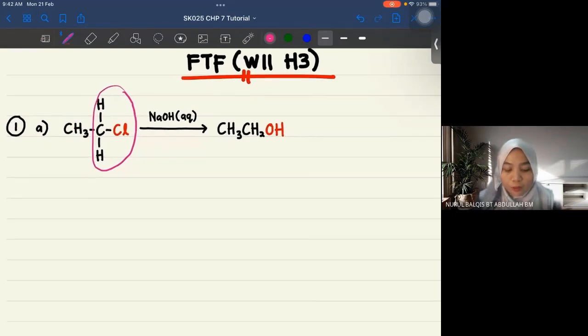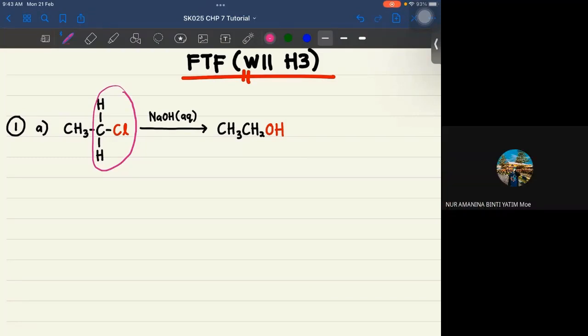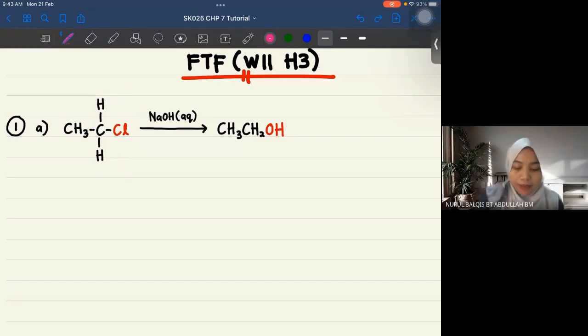Right, so sekarang you want to substitute Cl dengan OH. Okay, so dia bagi dekat sini sodium hydroxide. First tentukan dulu, what is the class of alkyl halide for this compound? Apa class of alkyl halide kita? The carbon bearing the Cl kita?